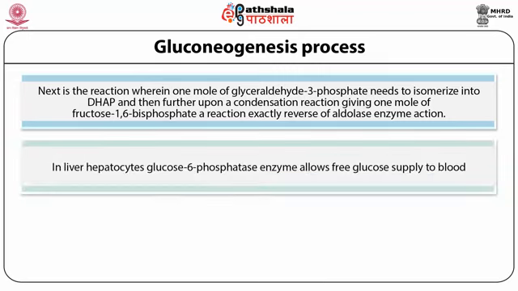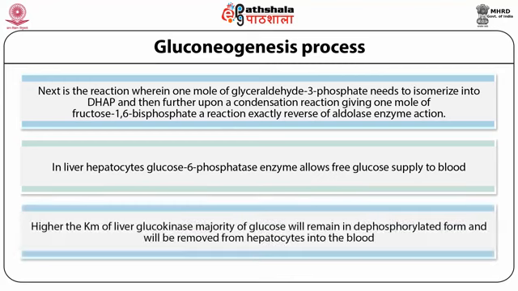This reaction of gluconeogenesis leads to generation of glucose in liver cells that can readily be added into the blood circulatory system and act as a source of nourishment for vital body tissue.